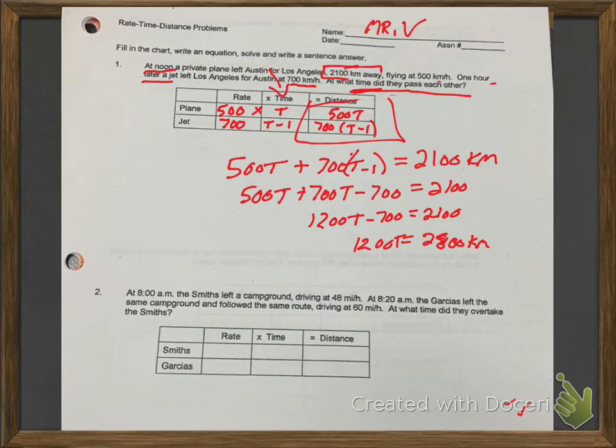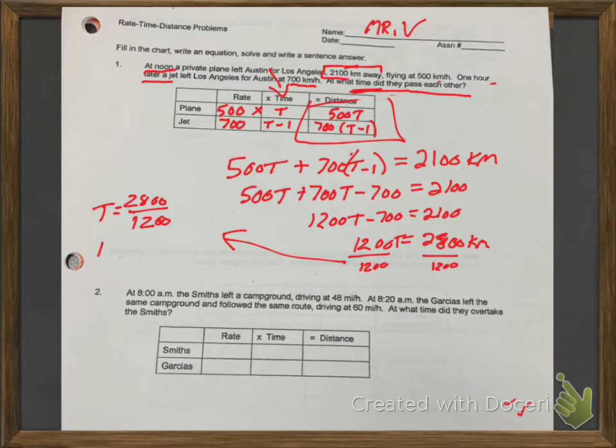From there, I get a ratio. If you divide this, you're going to get a decimal, like 2.3 hours, and you're going to be a little bit off. So you divide by 1,200, but keep it as a ratio. T is equal to 2,800 over 1,200, and I can reduce that.